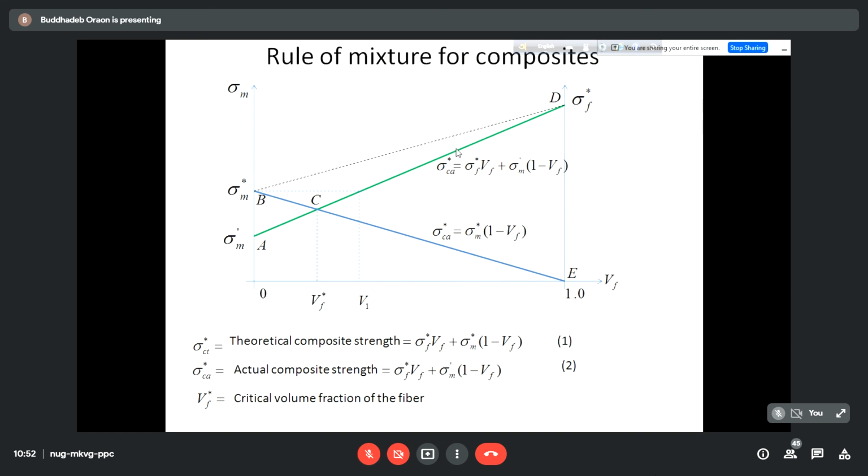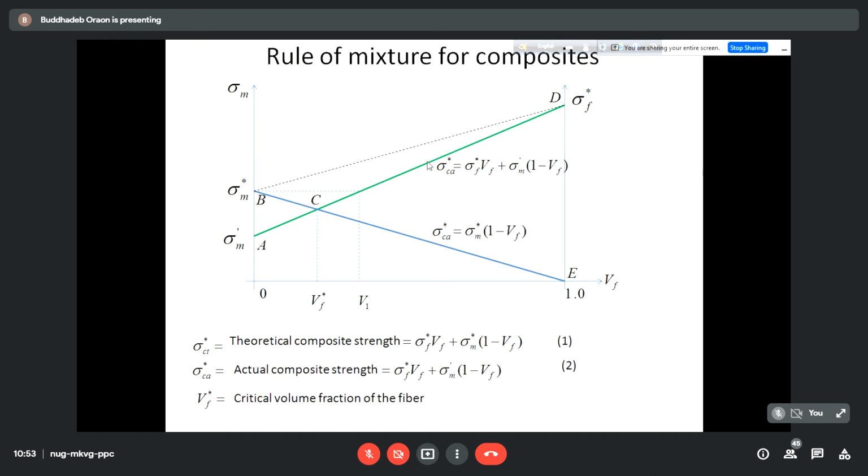So now you have decided that you require a certain level of composite strength. Then accordingly, you can decide what will be the percentage of your fiber. Because when you are going to design the composite, sometimes the fibers may be very costly, sometimes it may not be costly. Then comes the trade-off between your requirement and the cost of your fiber.